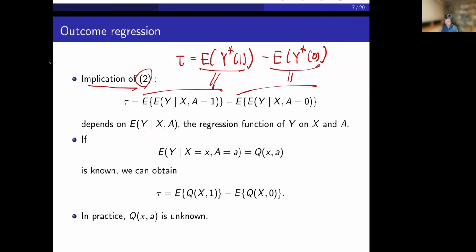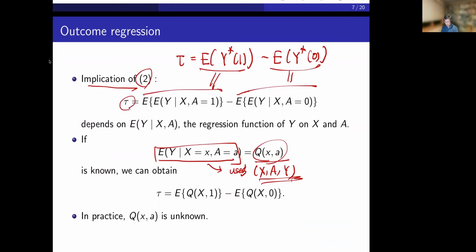So that means if we can somehow estimate this conditional expectation, which you can compute using X, A and Y, right? You use the observed data to compute the conditional expectation, and we call it q, a function of the covariate X and A. Then basically tau is the expectation of q(X, 1) minus the expectation of q(X, 0).